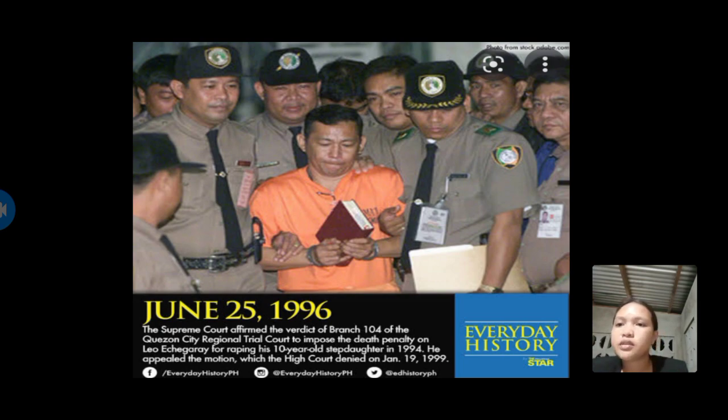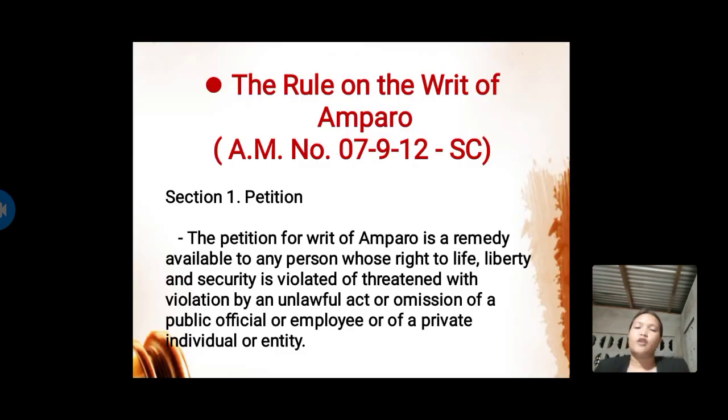He appealed the motion, which the High Court denied in January 1999. So he was sentenced to the death penalty in 1996 because of raping his stepdaughter.